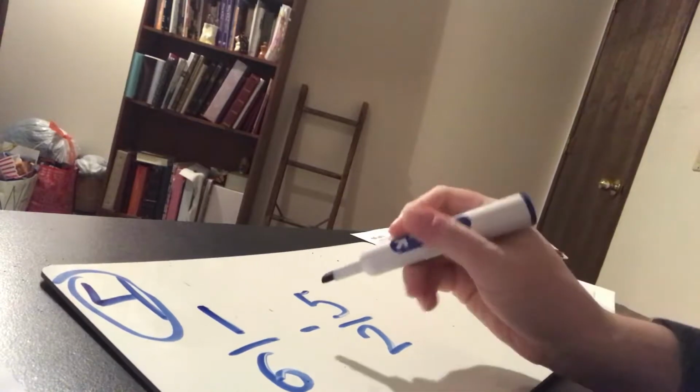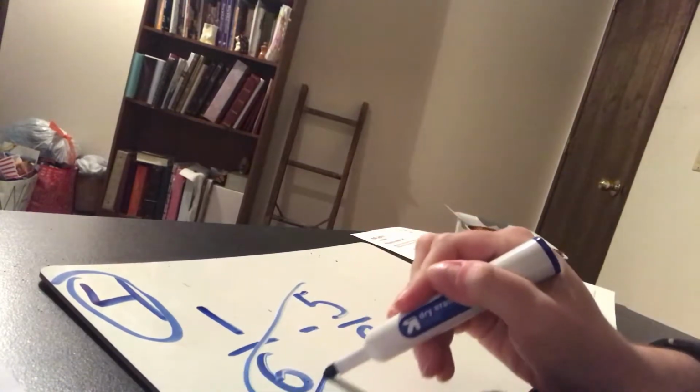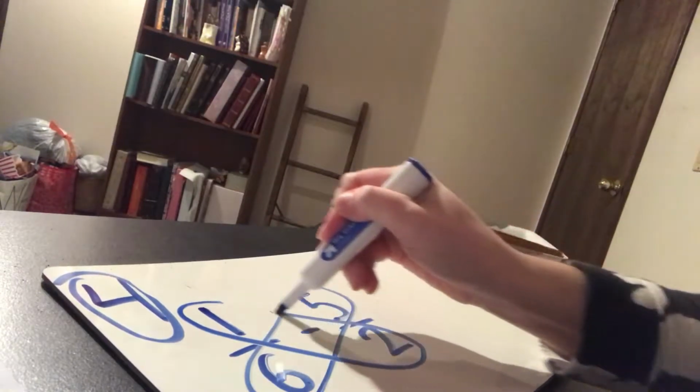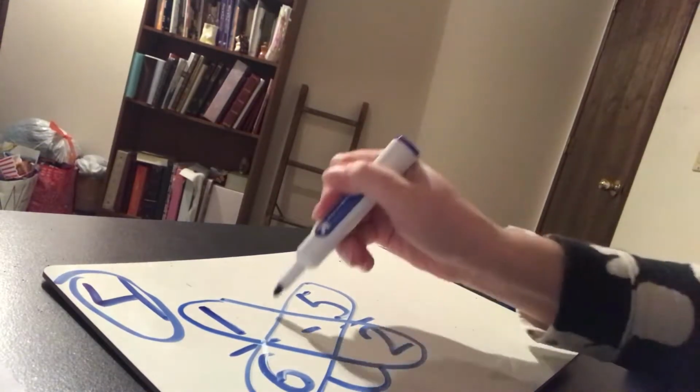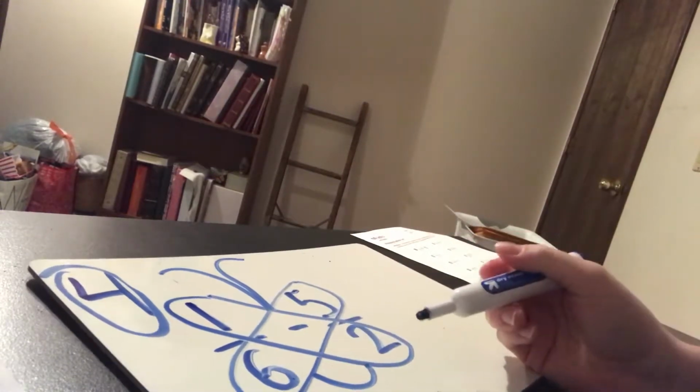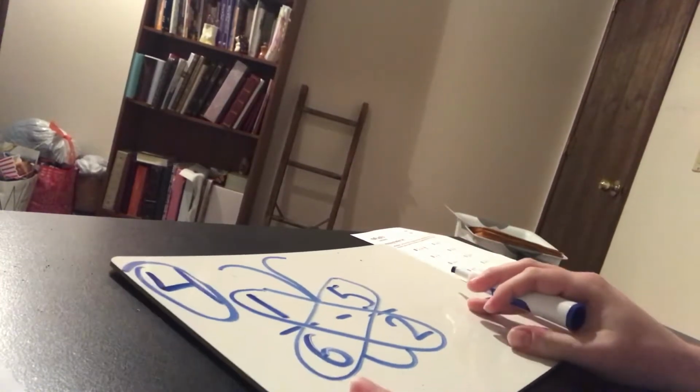And so I'm going to go ahead and create my butterfly wings. Create my butterfly body and my antennas. Again, I'm trying to find a like denominator so I can do this work.